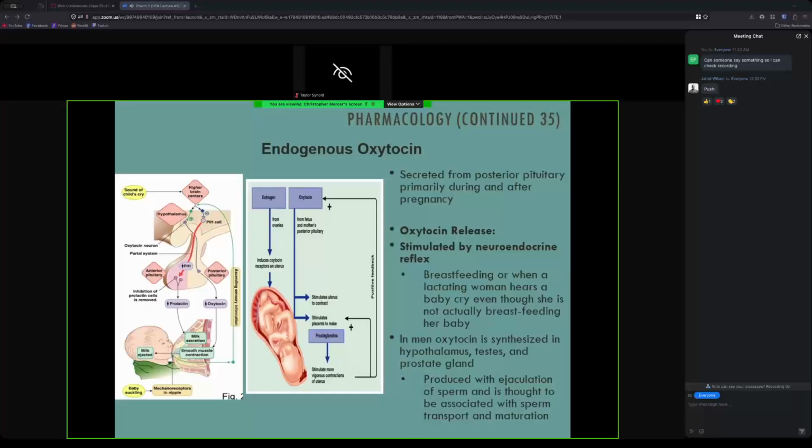It is produced with ejaculation and is thought to play some role in sperm transport and sperm maturation. Many folks don't think about oxytocin in males. So don't forget, oxytocin is not just your labor and lactation hormone. It's also produced with ejaculation and associated with sperm transport and maturation in our male population.